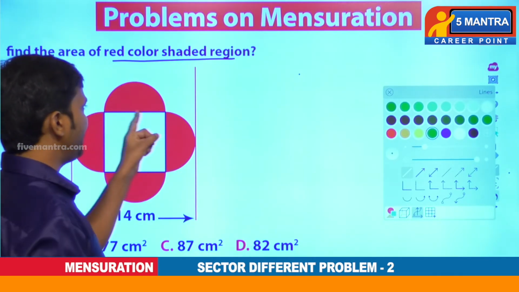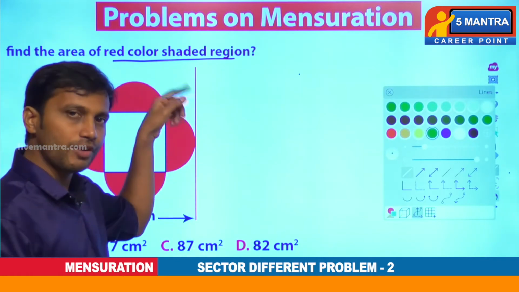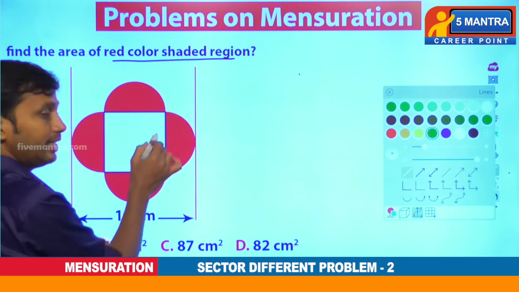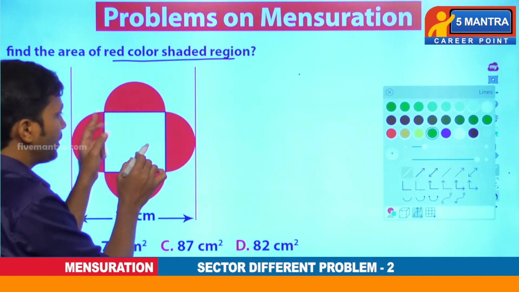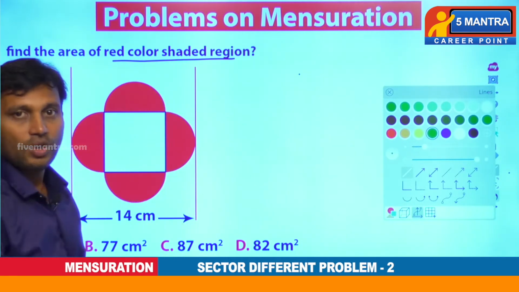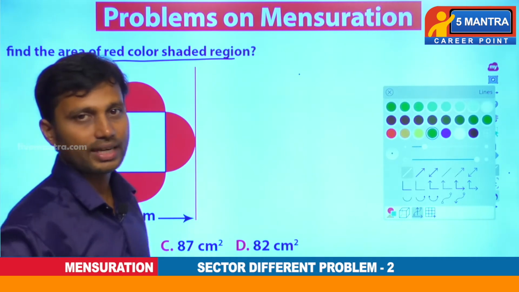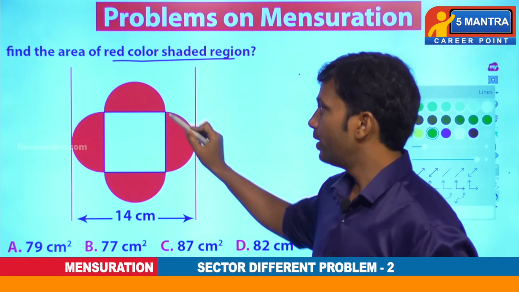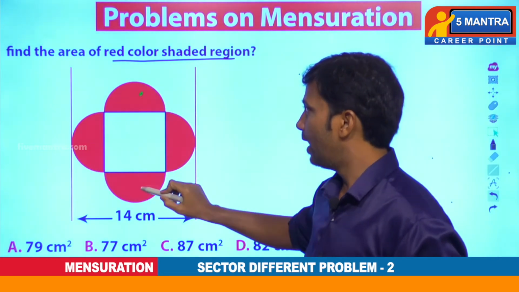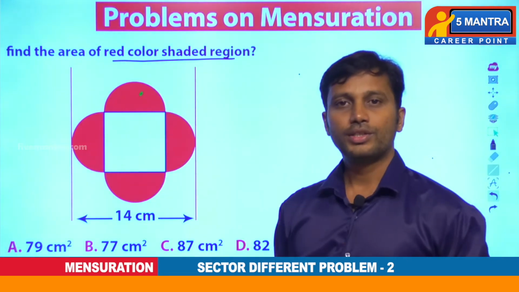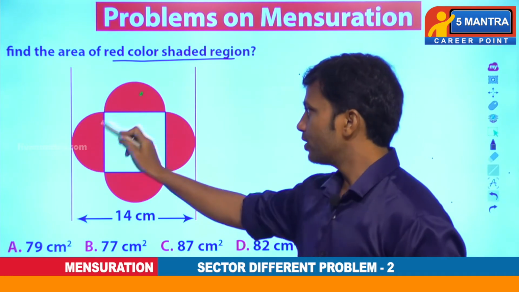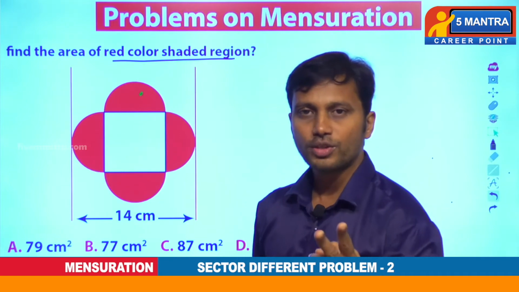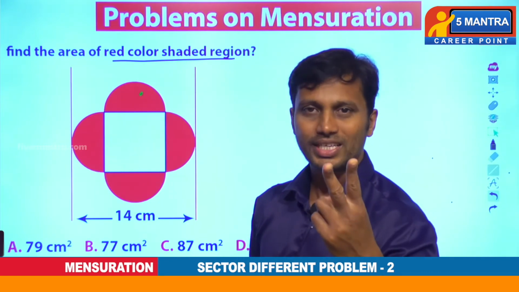If you say A is a side, then the diameter also will be A. Got it? Now we need to find the area of how many semicircles? 4 semicircles. That is only the red colored portion. Here the red colored portion represents only this and this and this. So the red colored portion represents 4 semicircles. That means a combination of 4 semicircles would be 2 circles.